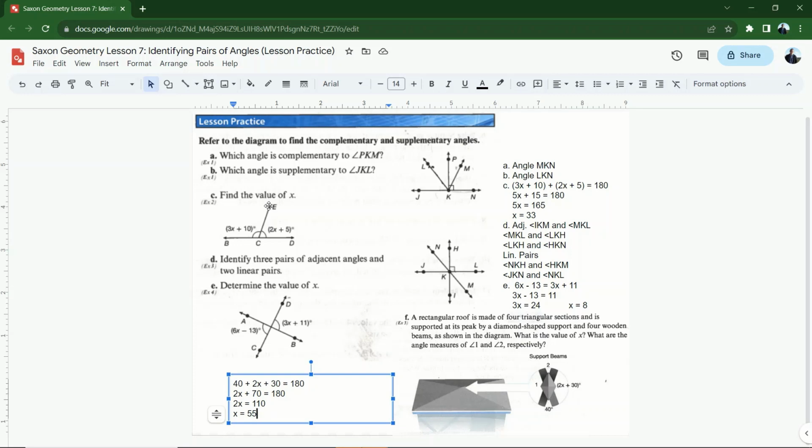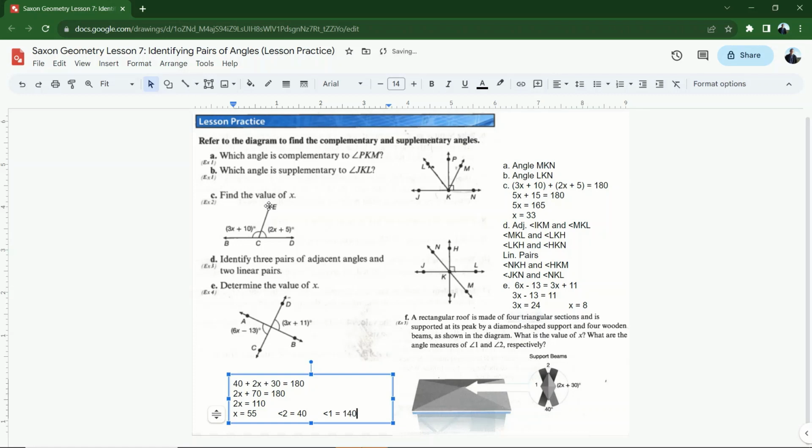So if I know that x is 55, I can figure angles 1 and 2 as well. Angle 2 has to equal 40 because it's the same as its vertical angle. And angle 1 has to be 2x plus 30, so plug in 55 for x. 2 times 55 is 110, plus 30 is 140 degrees.